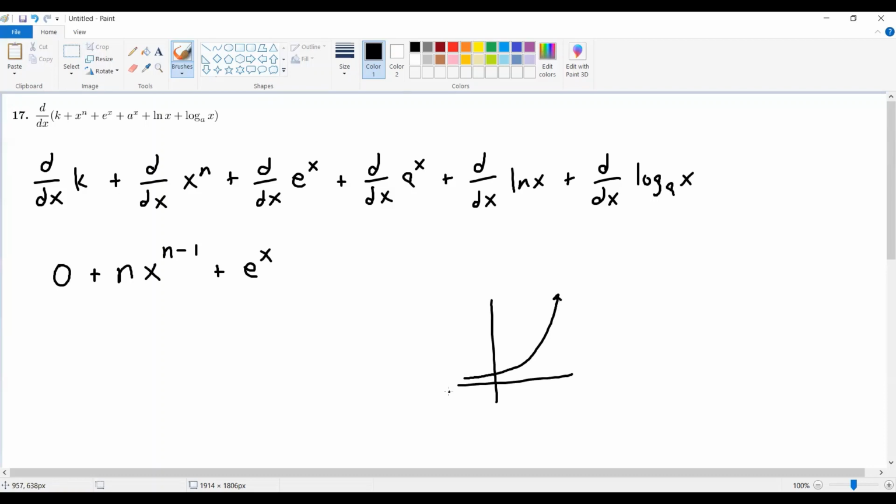And in general, if you multiply the exponential curve by some constant, so if you have a function like c times e to the x, then all of its derivatives are also going to be c e to the x. That's a good one to memorize because it's pretty easy.